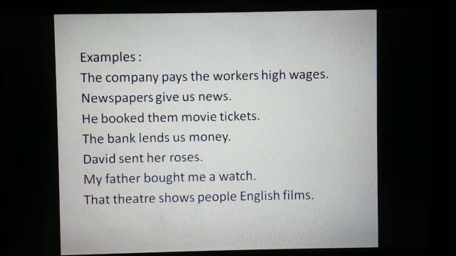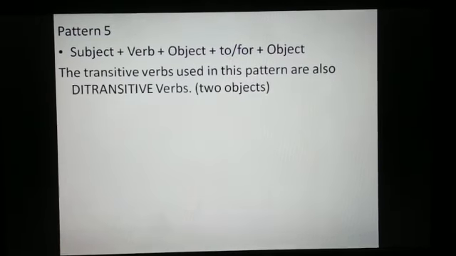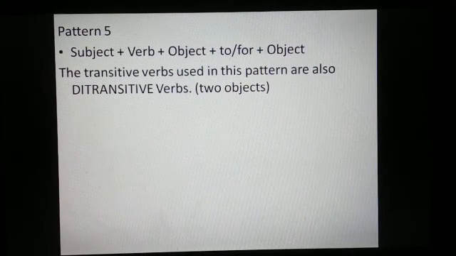Now let us see the next pattern, pattern number 5. Subject plus verb plus object plus to or for plus object. The transitive verbs used in this pattern are also ditransitive verbs. That means there are two objects, as you can see.